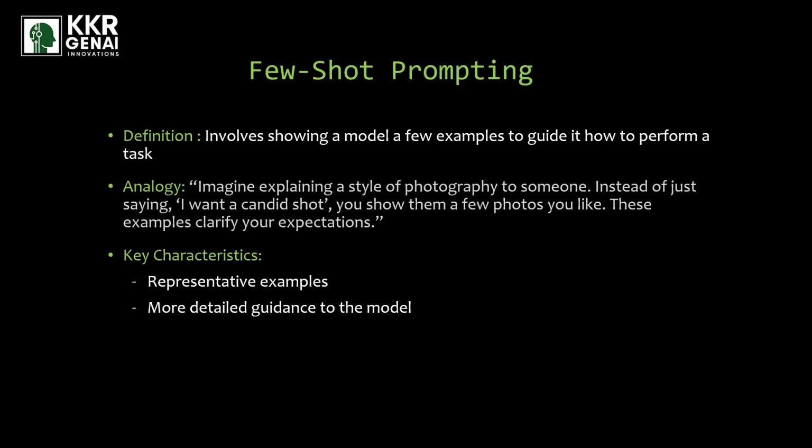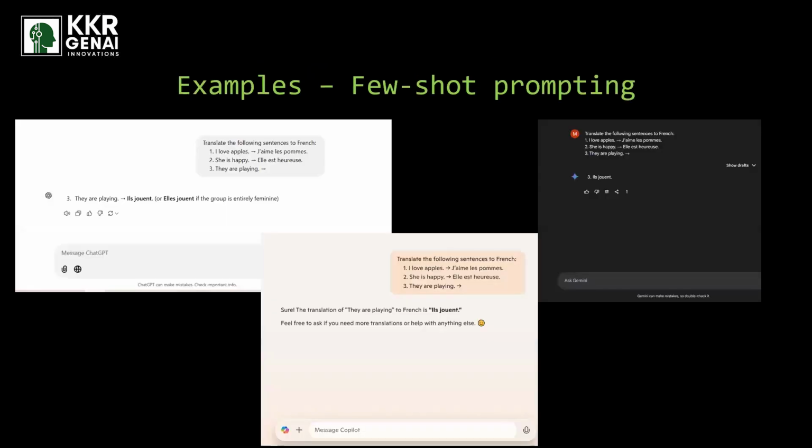So sometimes it might give wrong answers because of the examples that we have provided. So we need to make sure that our examples are well written, right? So these are a few examples of few shot prompting.